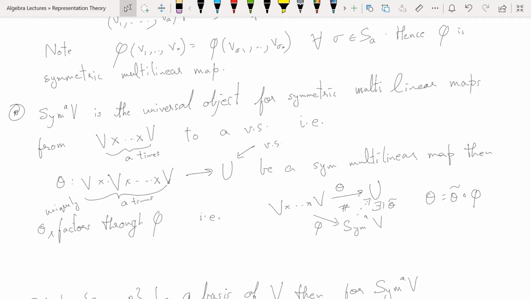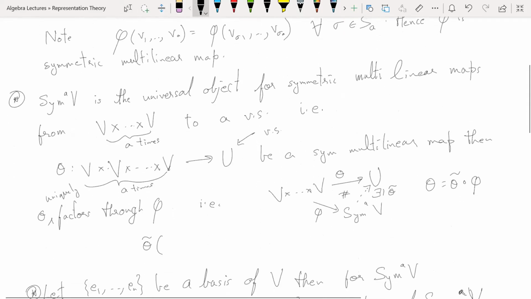So the proof is similar to what we have been doing. I didn't write it, but maybe I can tell you how to construct theta tilde. When there is only one way to do it, it's sort of easier. So what should theta tilde of Sym^A V look like?